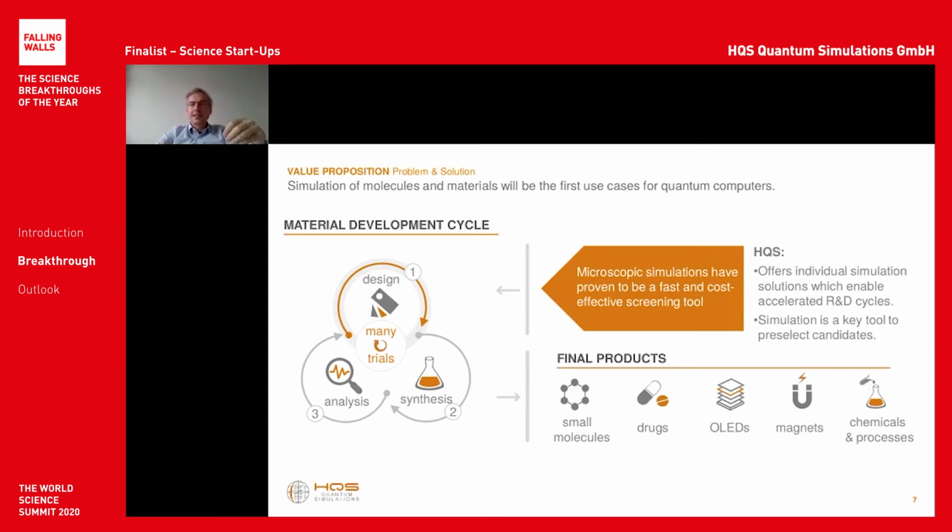And synthesis and analysis, they are very expensive and time-consuming. So already in the design stage, you want to make a really good guess of what kind of material and what kind of chemical structure you want to use. And it is here where microscopic simulation of molecules and materials can be hugely valuable to speed up the overall development cycle and allow you to much faster arrive at your final product.